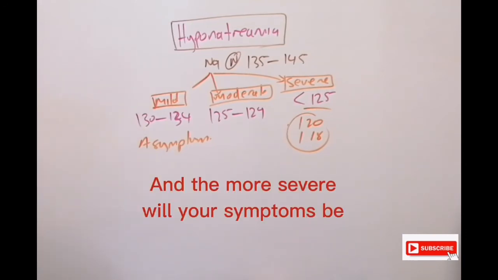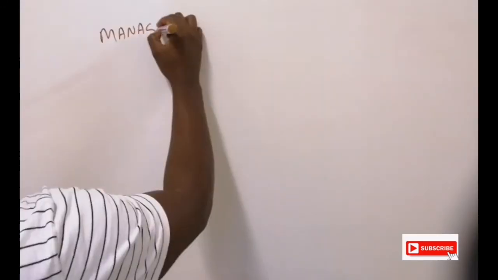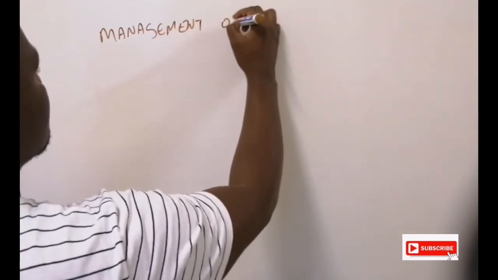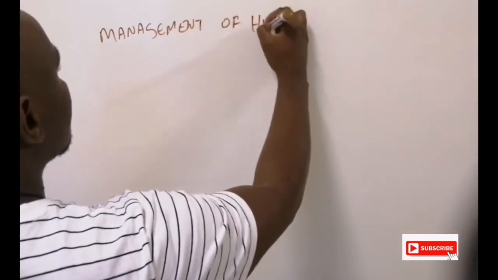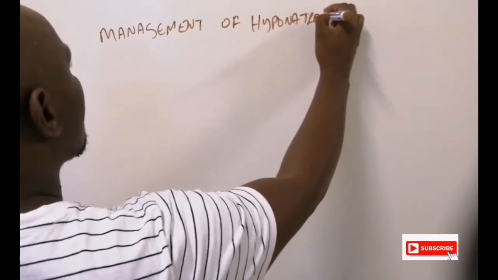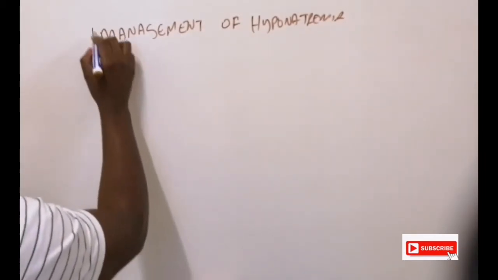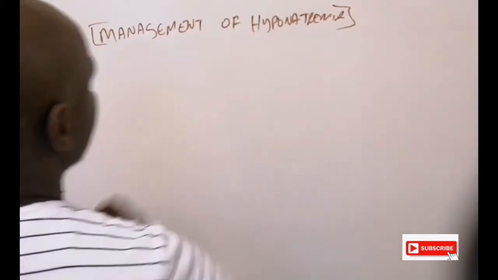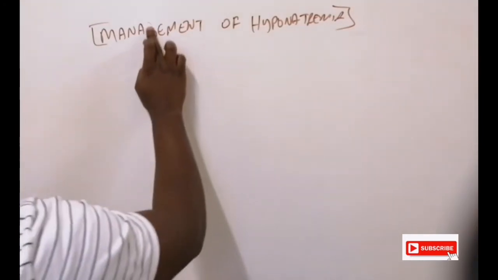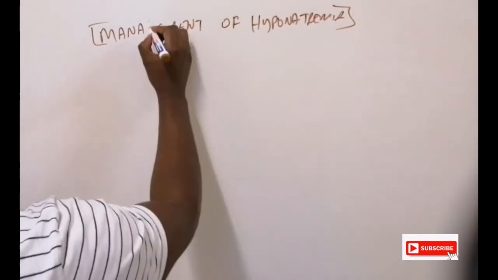Now let me just make space so that we can talk about the management. This will be maybe the basics on how to manage, because it's not going to be detailed.